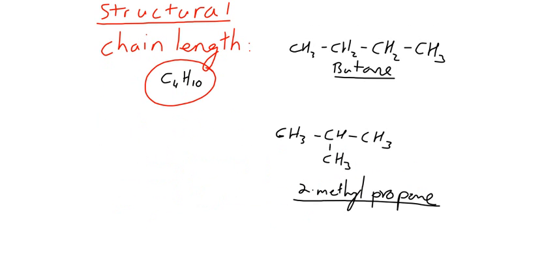Our chain length can be shortened by taking a carbon off the end and adding it as a side chain. So now our molecular formula is still the same. There's still 1, 2, 3, 4 carbons in there, and there's still 10 hydrogens in there, but my name is different. So my structure is different.